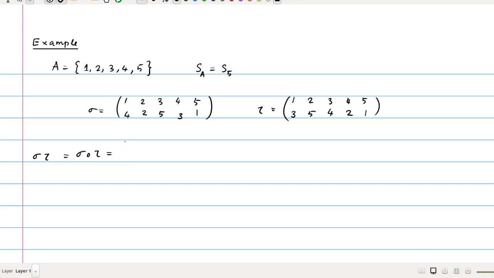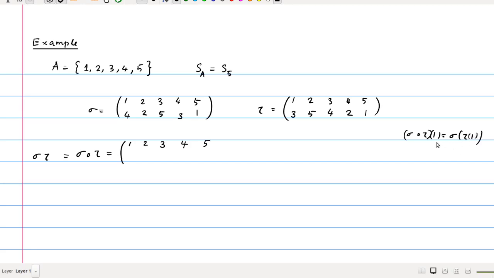We know that in order to evaluate this, we need to compose these two functions. After all, we will get a one-one onto function on this A, so the elements of the domain will be 1, 2, 3, 4, 5 as well. So what is the image of 1? In order to evaluate sigma composition tau of 1, that will be sigma of tau of 1.